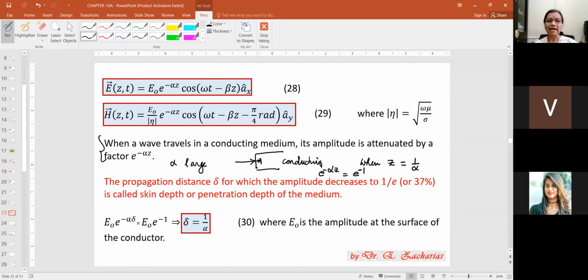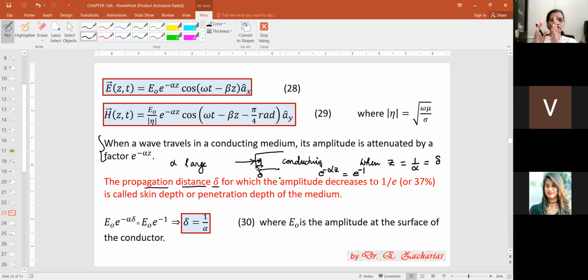The distance corresponding to z equal to 1 by alpha has another name. It is denoted by delta, and it is called the propagation distance delta.